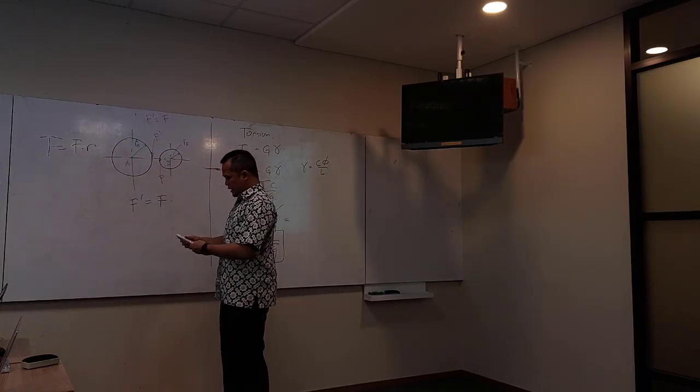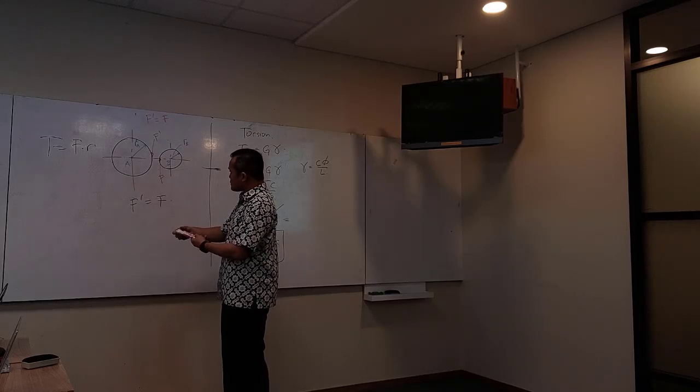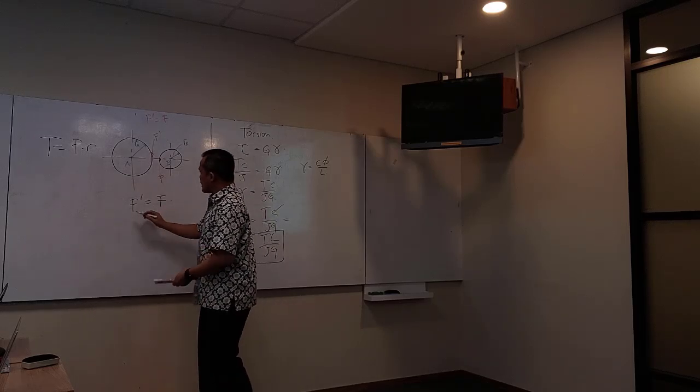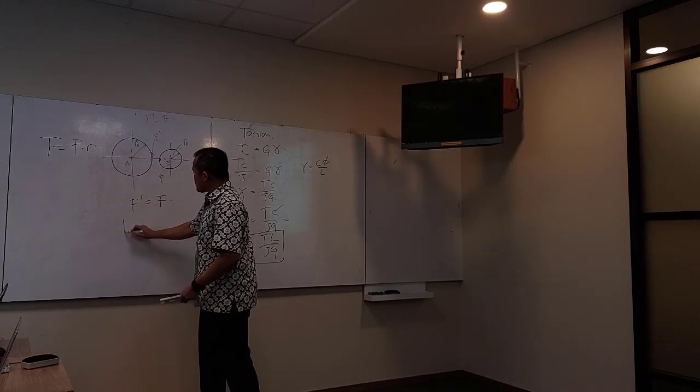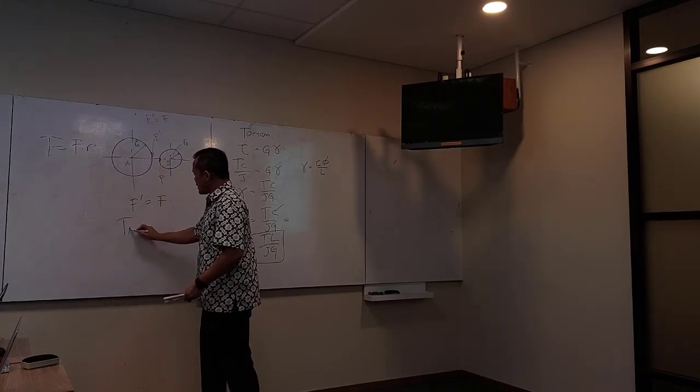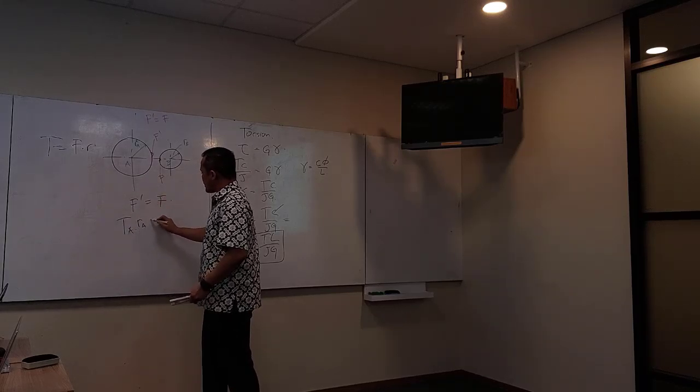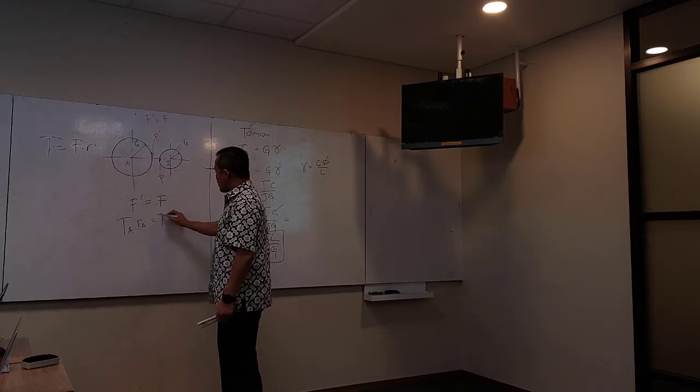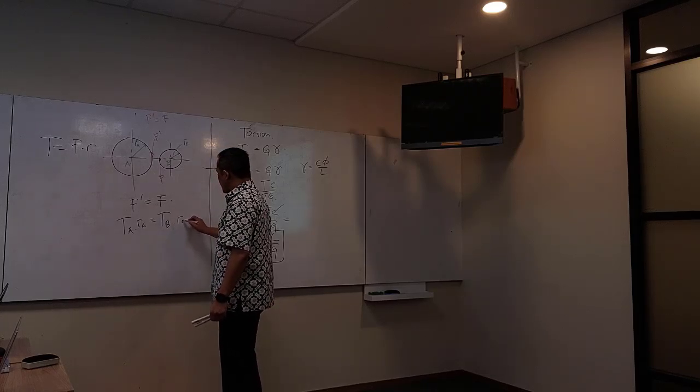Okay. Now I can translate this into F prime equal to torque A times RA equal to torque B times RB.